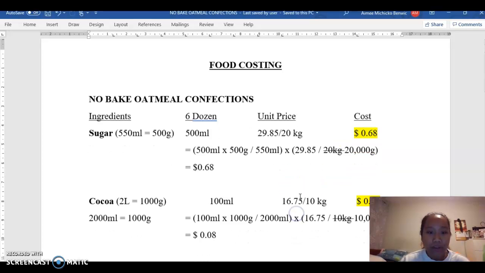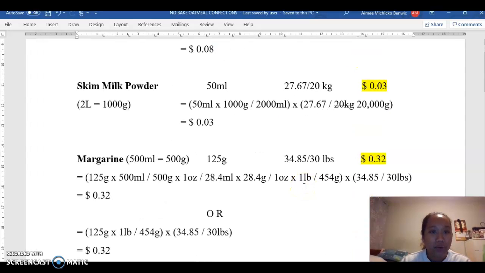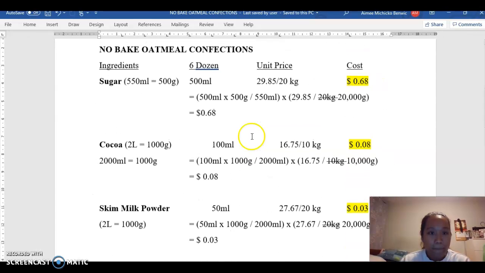Same for the next ingredient, the cocoa. We have ml here, so we have to convert the liters into ml. Again, there are 1,000 ml in 1 liter. So 100 ml multiplied by 1,000 grams divided by 2,000 ml, as we just converted the liters into ml.